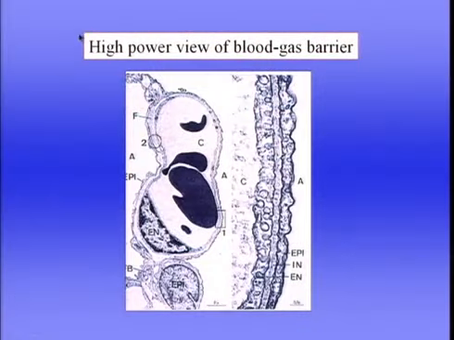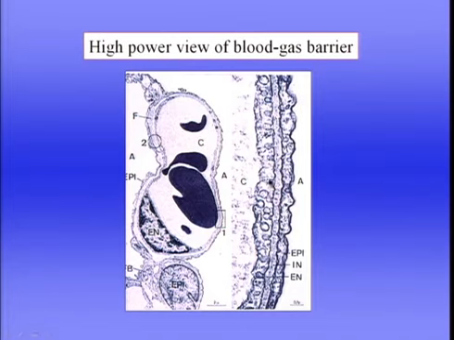Now, if you're really nosy, here's a nice micrograph of the blood-gas barrier. You'll notice that this is actually the image I showed on the previous slide, and the micrograph people have taken a section of it down here and magnified it tremendously. In fact, maybe you can see, if you look very carefully, that the bar is about 0.4 of a micron, fantastically high resolution, high magnification.